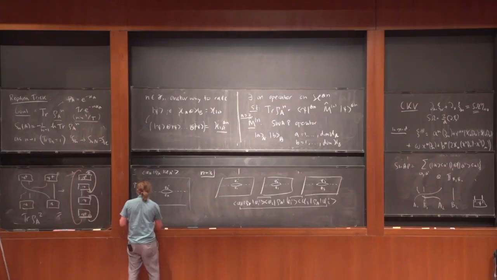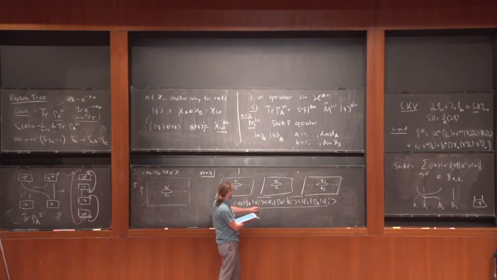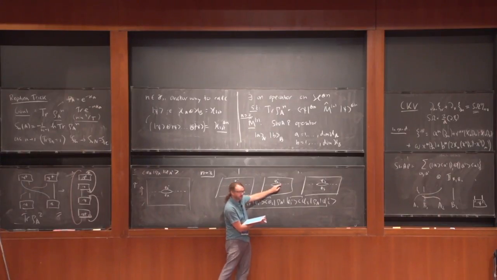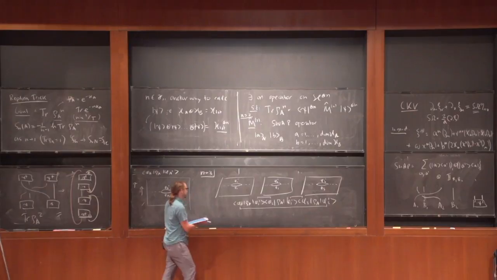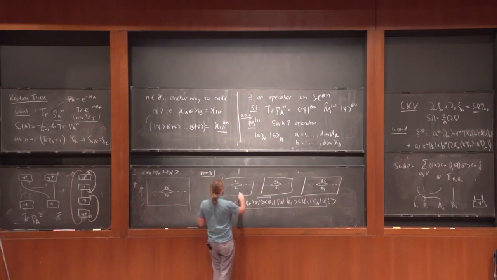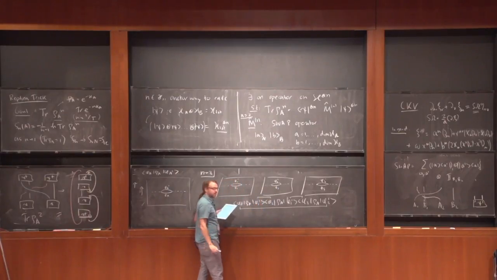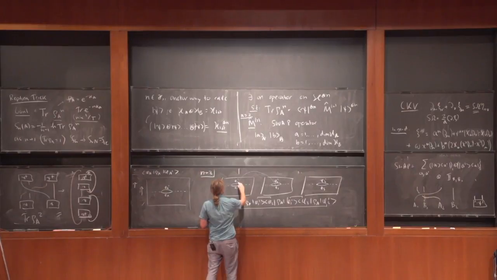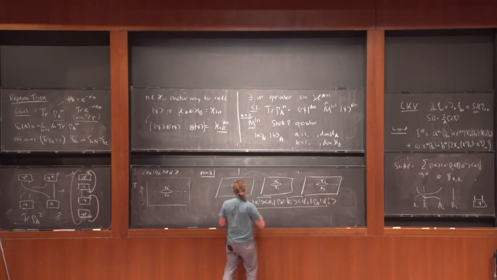And so what we do in pictures, whenever we identify, so we're identifying phi 1 prime with phi 2, so that's the top part here with the bottom part here. And so what we do in pictures is we sew together these two cuts. So we sew together the top of this with the bottom of this.